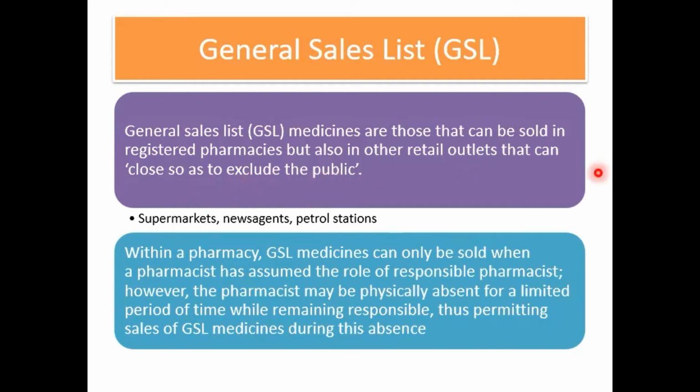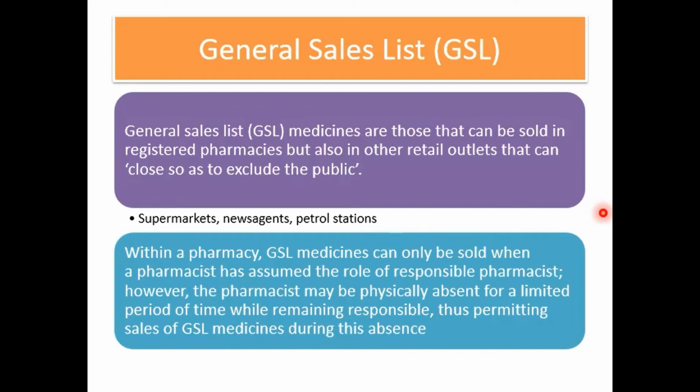So that means places like supermarkets, newsagents, petrol stations, even those public restrooms where you can buy these sorts of medicines. Supermarkets can close, newsagents can close, petrol stations can close. Equally, public restrooms can be locked, so they can exclude the public.